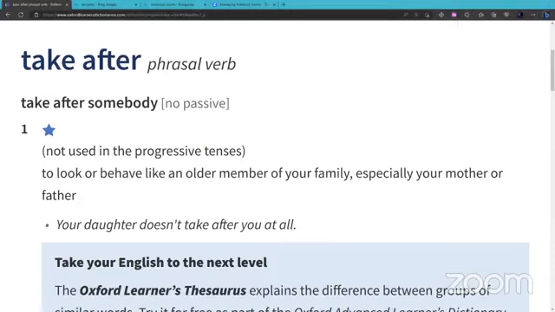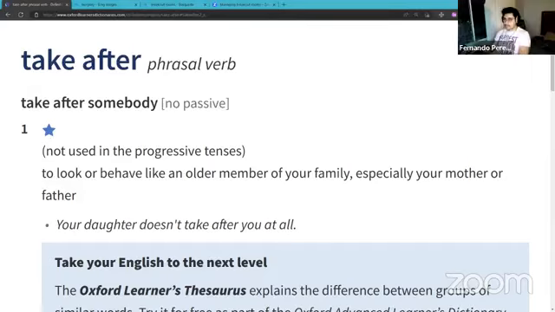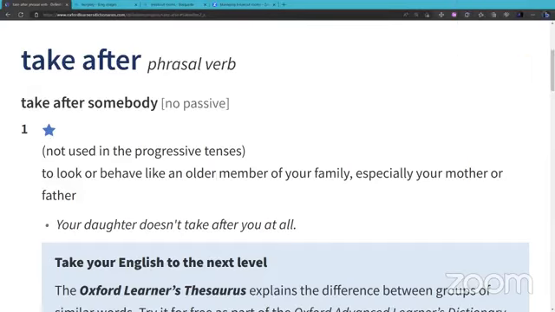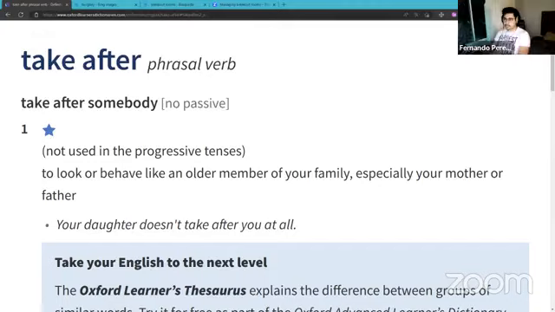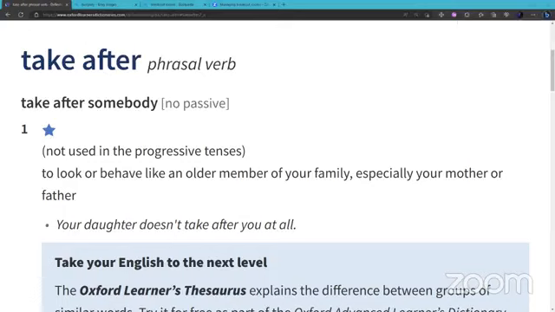Well, in this example, your daughter doesn't look like you at all.